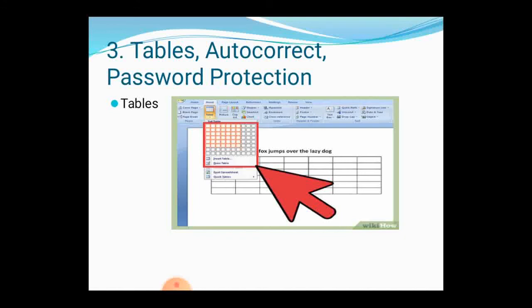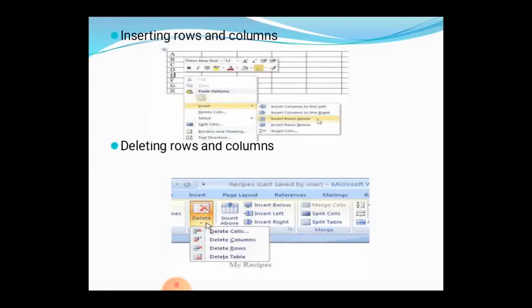Once a table is inserted, you may want some other rows or columns to be added again. For that, you place your cursor like this, here next to E, and right-click your mouse. You will get options like this, and then an option like Insert.